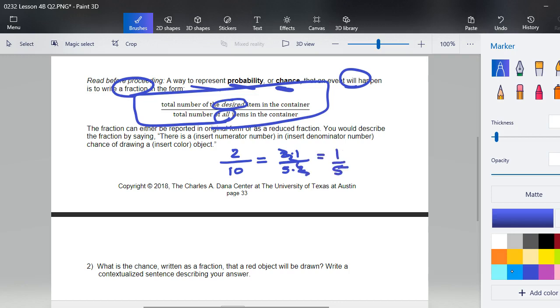For every 5 times you try to draw a blue object, you'll get it 1 of those 5 times. Those are the odds, the probability, the chance, the likelihood. The fraction can either be reported in its original form or reduced, and you would describe the fraction by saying there is a 2 in 10 chance of drawing a blue object, based on the example I just did.